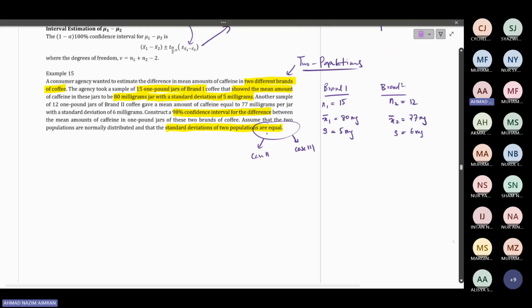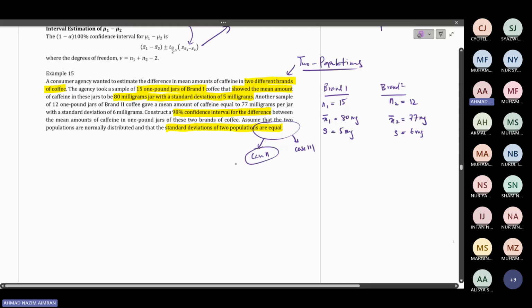from the last sentence here we know we have to use case number 2 because the two population standard deviations are equal. So case number 2, confidence interval of the difference. Okay, first find this: 98% confidence interval means that alpha is 1 minus 0.98. This is equal to 0.02.